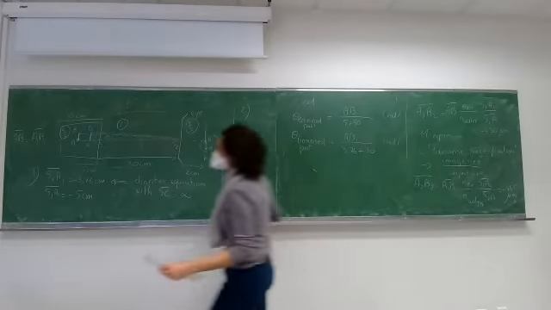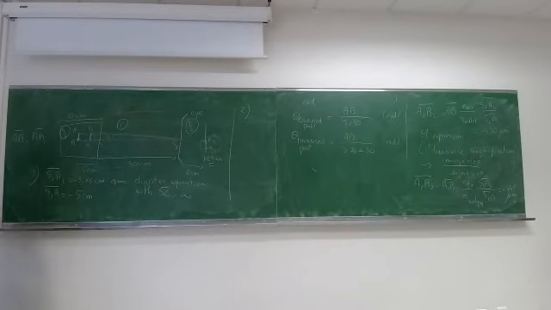You have another exercise to do during the break, and I will give you a solution, but it's on your own. Could you explain why A2B2 is equal to what you wrote on the board?